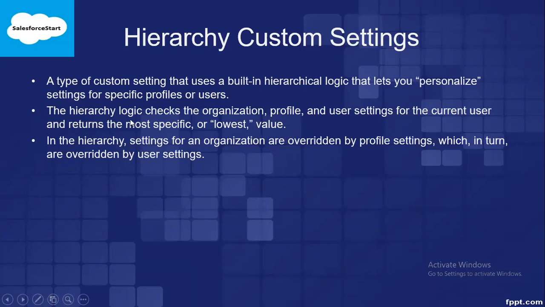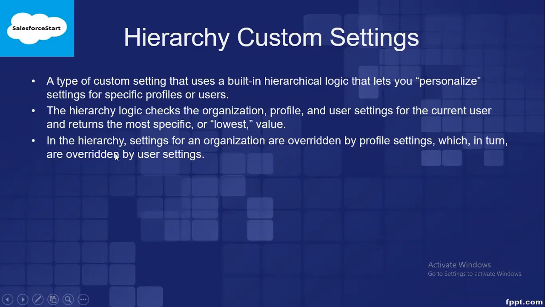The hierarchy logic checks the organization, profile and user settings for the current user and returns the most specific or lowest value. For example, I have logged in with the system admin profile and the system admin user. First it will check for the current user only, whether he has a value for organization level, profile level or user level. According to that, he will get that value.